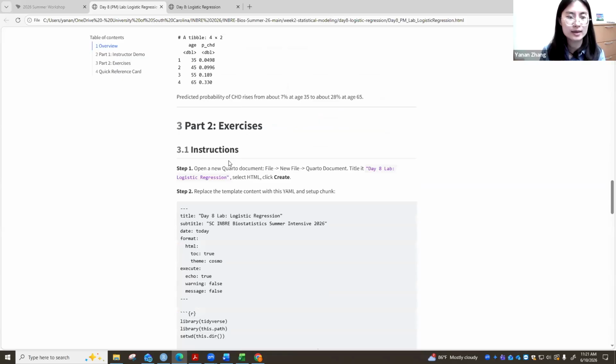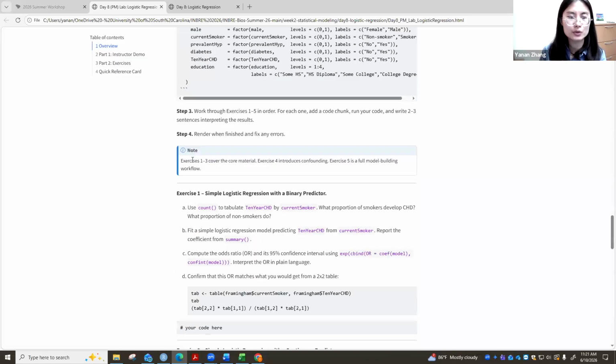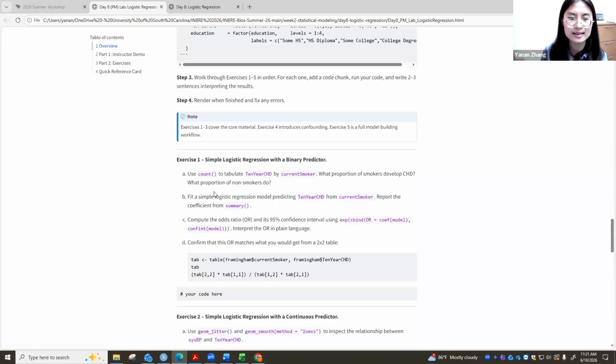And now let's work on exercise 1 and 2. Okay. First exercise, you can use the count function to get the proportion of coronary heart disease in people who are smokers and the probability of getting coronary heart disease in people who are non-smokers.